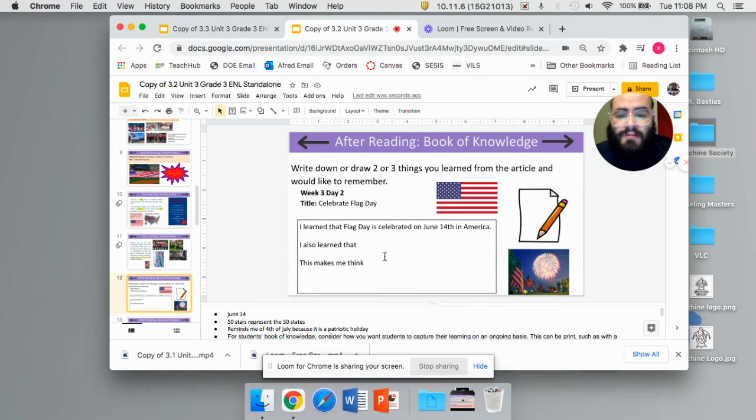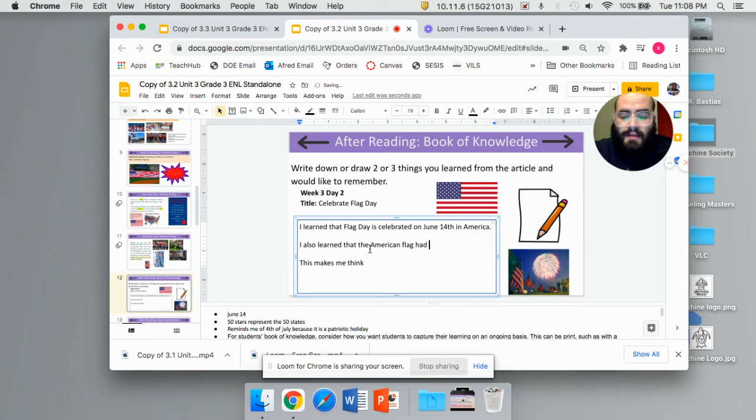I learned that the American flag has 50 stars. Each star represents one of our 50 states.